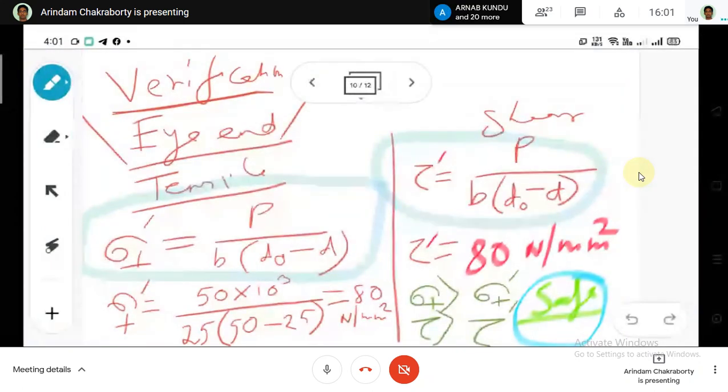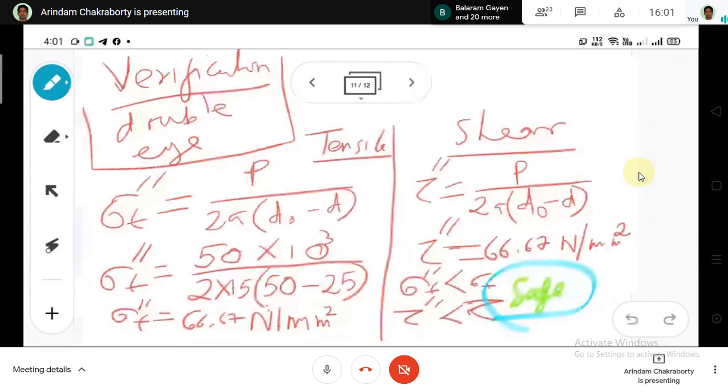The four quantities, sigma dash T, sigma double dash T, tau dash and tau double dash, must be less than the given value or not.